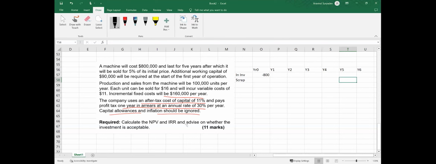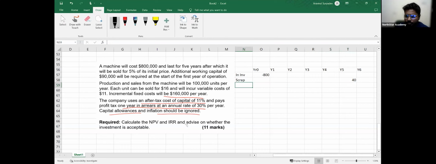After 5 years means the end of the 5th year. And we always assume all the cash flows for a year happen at the end of the year, correct? So there you go, year 5 only. I mentioned year 6 because taxes are in arrears. That is right. Now, we will have to calculate cash flows, guys.